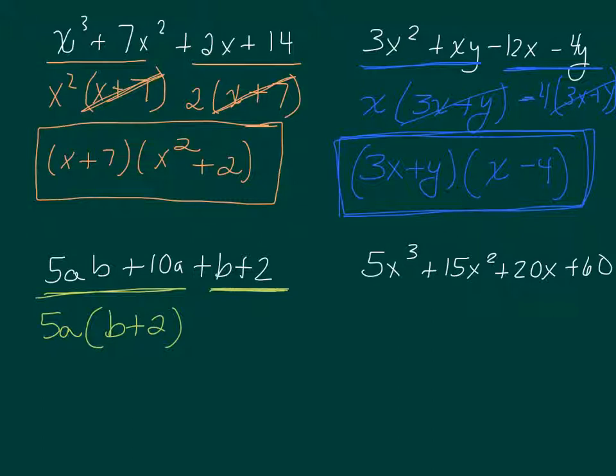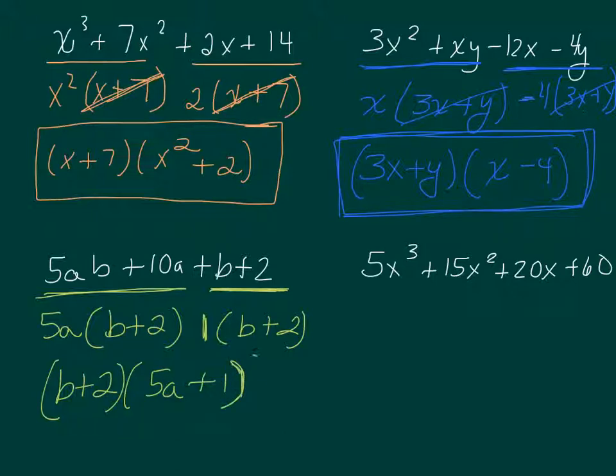And there's nothing in common in the second grouping, but I notice that b plus 2 looks the same as the first set of parentheses, so I'm going to just factor out a 1, and b divided by 1 is b, and 2 divided by 1 is 2. So that means that b plus 2 is my expression in parentheses, and 5a plus 1 is the other expression, and that's my full factored form.